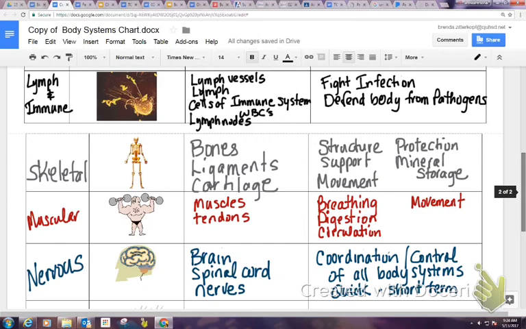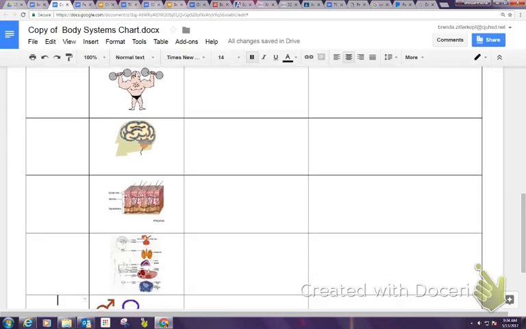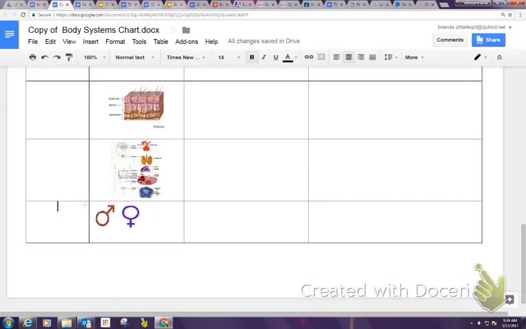We're going to compare that now with the next system, which you can't see yet, but you're going to see it in a second. I'll scroll down, and we'll finish off our last 3 systems.